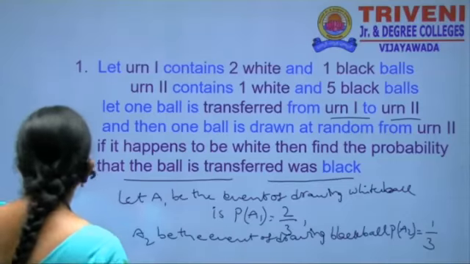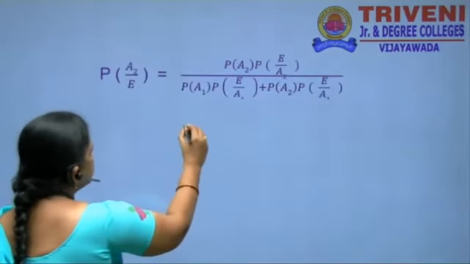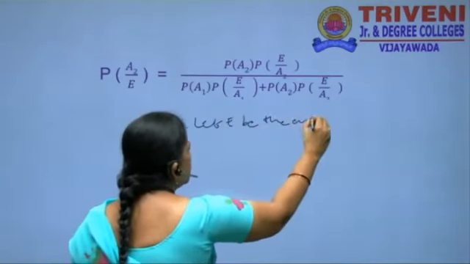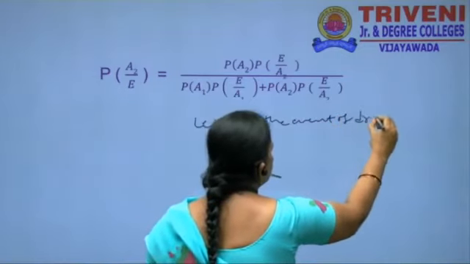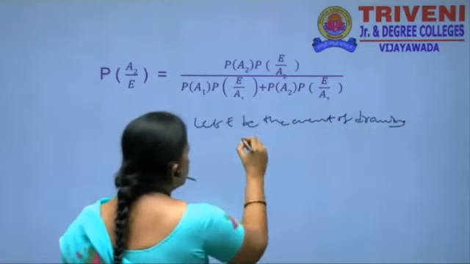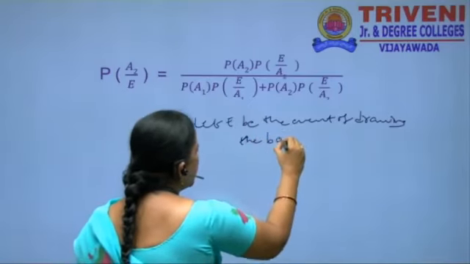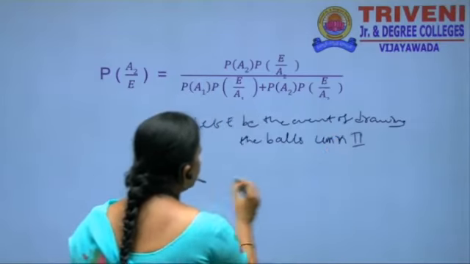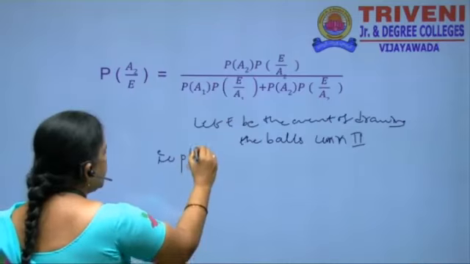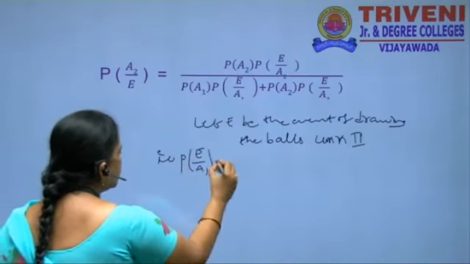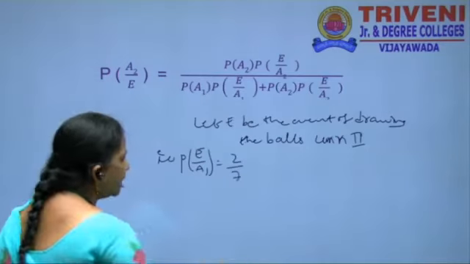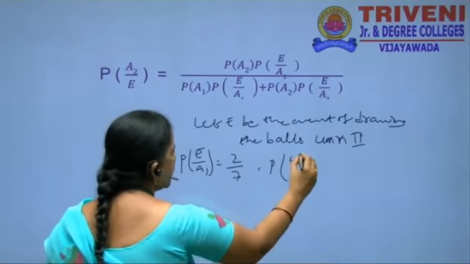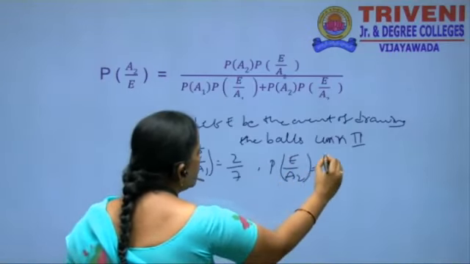Let E be the event of drawing a white ball after transferring the ball to bag 2. P of E by A1 is equal to, total 7 balls here, and white balls are 2, so 2 by 7. Similarly, P of E by A2 is 1 by 7.